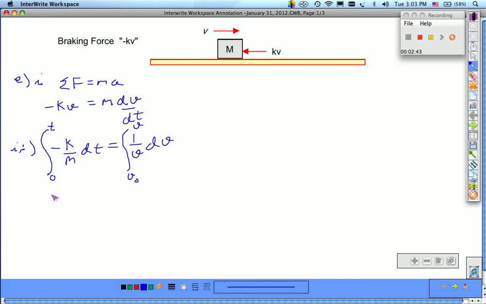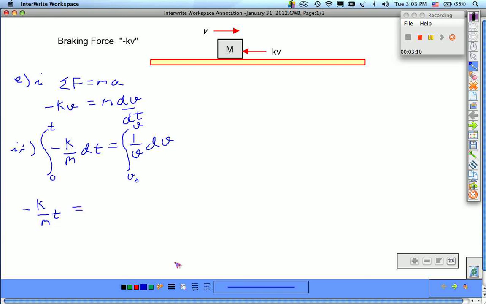All right, now let's integrate the left-hand side. The integral of minus k over m dt from 0 to t comes out as minus k over m t. I'm not going to bore you with the evaluating from 0 to t. It's simply t in for t minus 0 in for t.